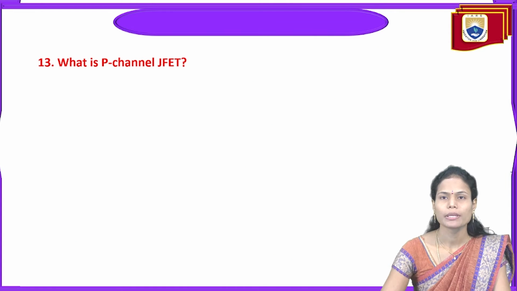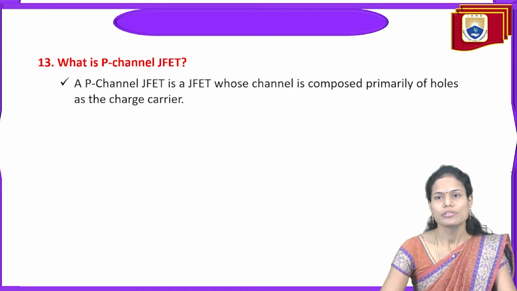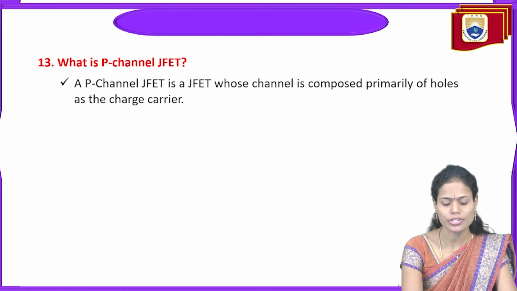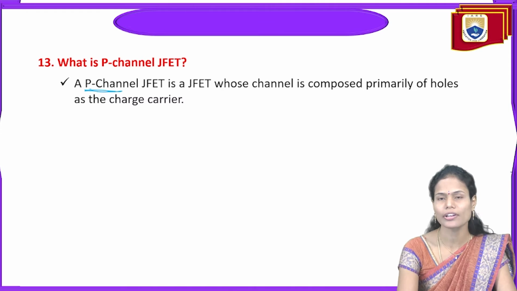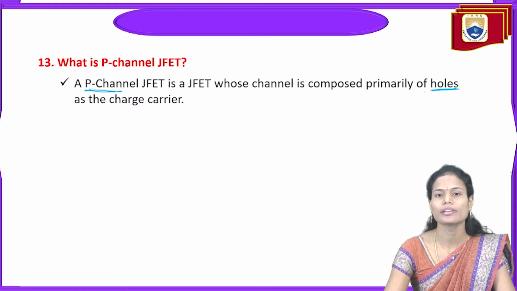And what is meant by a P channel junction field effect transistor? In the case of a P channel JFET, the name itself indicates the channel is composed of holes as charge carriers. The channel exists due to the majority charge carriers, which are holes here.